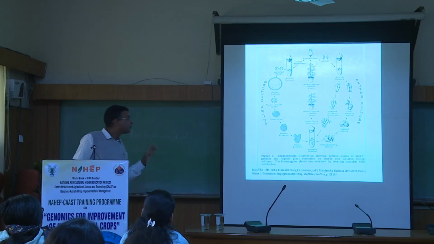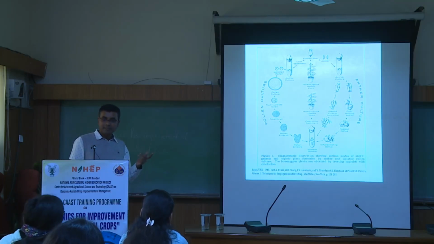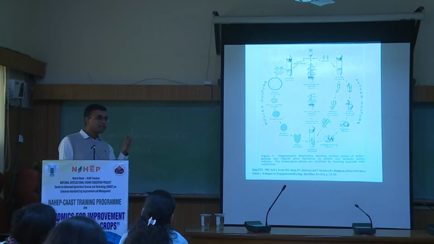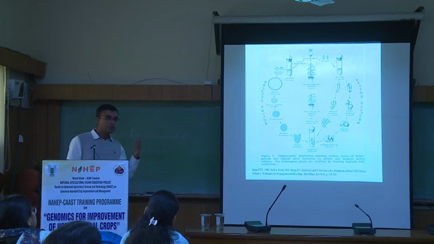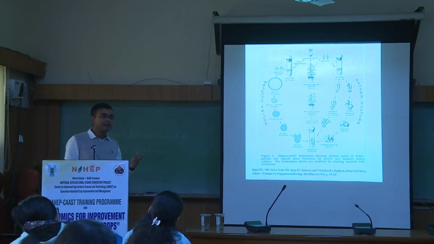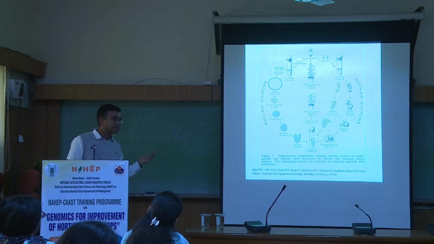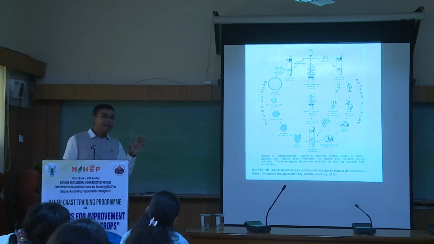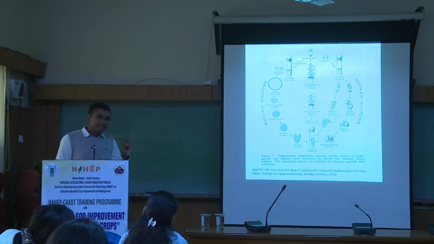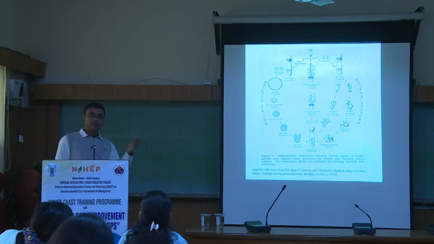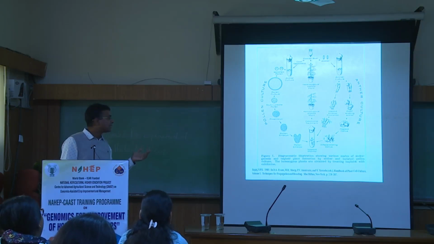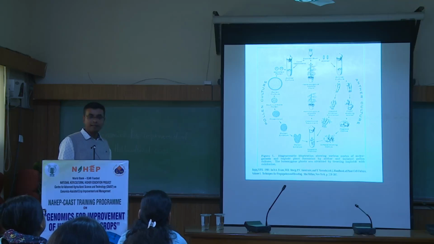So you have to apply certain kind of shock treatment, which could be in terms of temperature, some growth regulators, some growth retardants, or other electrical shocks and all those things. So that the normal gametogenesis pathway is diverted to sporogenesis, and then there will be symmetric division and you will get haploid embryos.